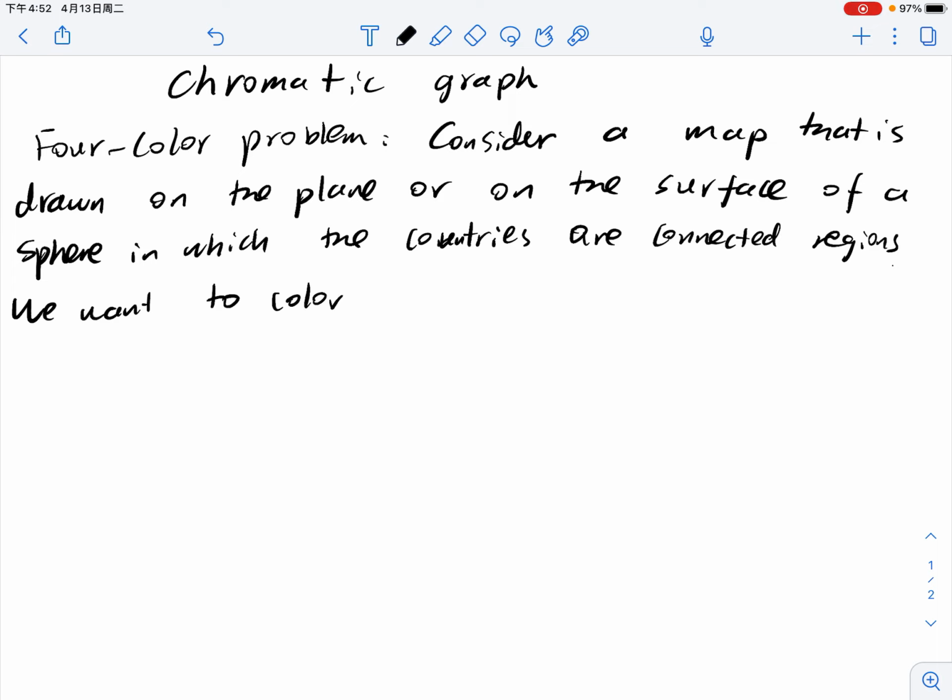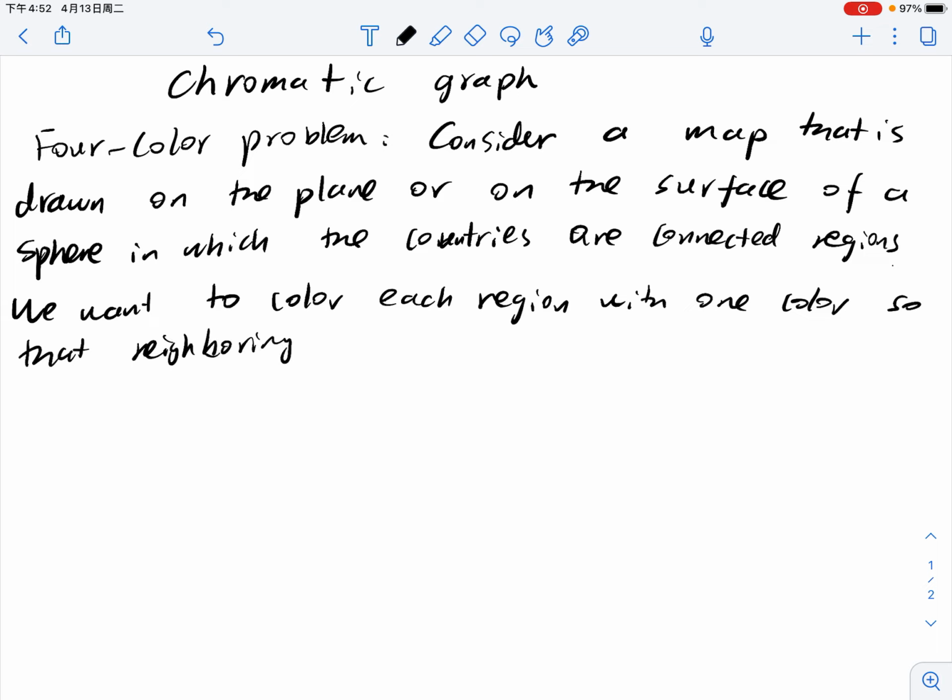color each region with one color so that neighboring regions are colored differently, so that we can just tell which one is which.